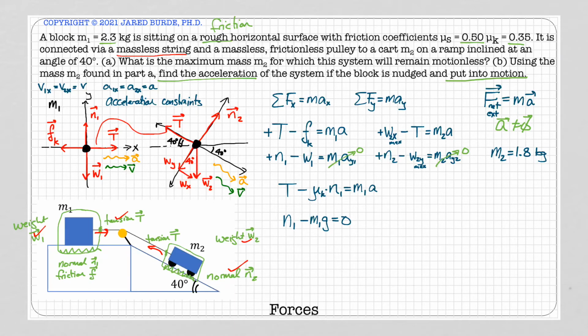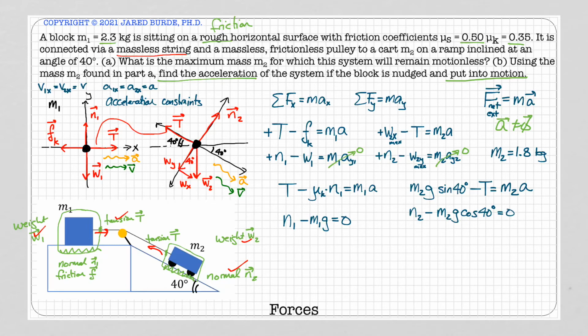The full value of the weight is m2g, and then this x component here is opposite that 40-degree angle, and so we'll have a sine 40 degrees to give us that component. And the same thing with the y component of the weight, we'll have a cosine of 40 degrees.